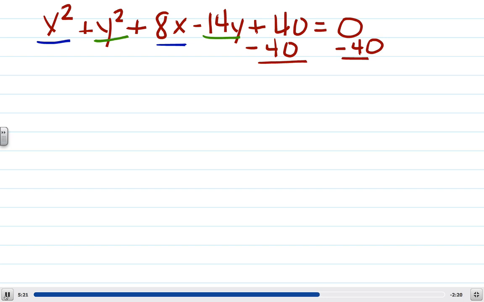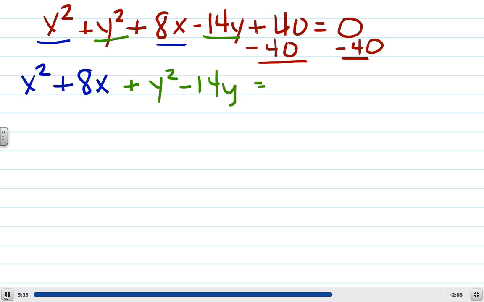When I rewrite it, I get x² + 8x + y² - 14y = -40.